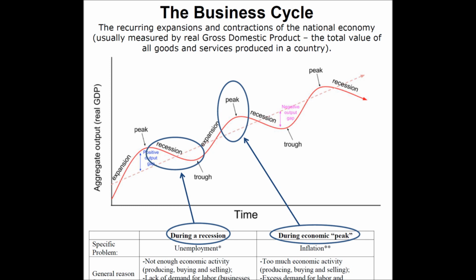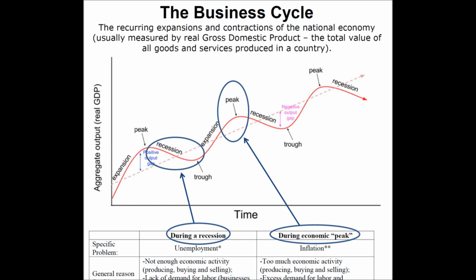The ups are labeled expansions, and the downs are labeled recessions. And that's trying to tell you that our economy has these boom and bust periods, basically, where times where the economy is running well, businesses are hiring, businesses are producing, and then we don't have to get into the whys.